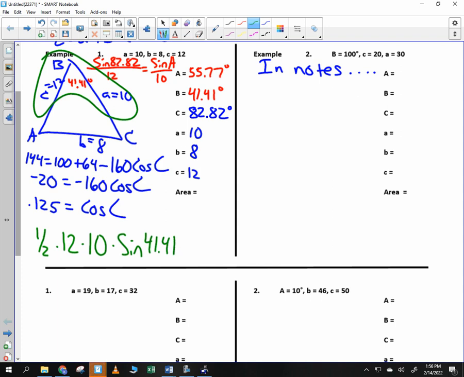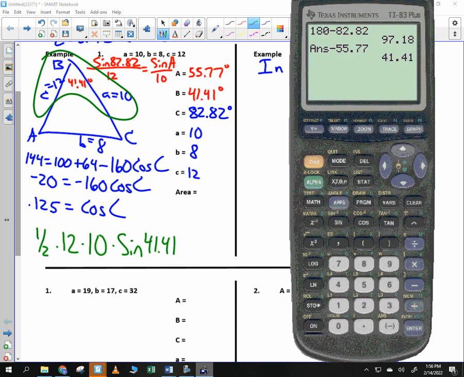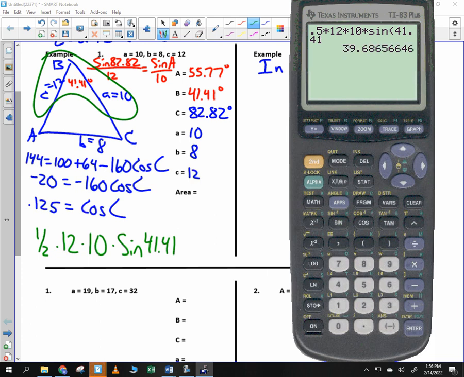You just switch up the sides and the angles. It's just two sides and then the sine of the angle between them. 1/2 times both sides times the sine of the angle between them. That's all you do. 0.5 times 12 times 10 times sine of 41.41 is 39.69. That's it.